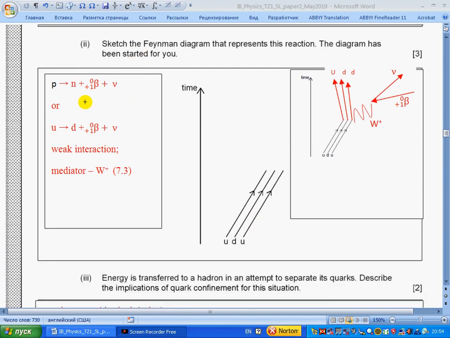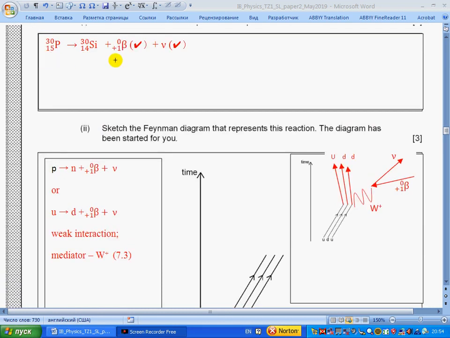Sketch the Feynman diagram that represents this reaction. The diagram has been started for you. So here we have beta plus decay. We can go deeper into detail: we can change this change of nucleus into a change of one of the protons.